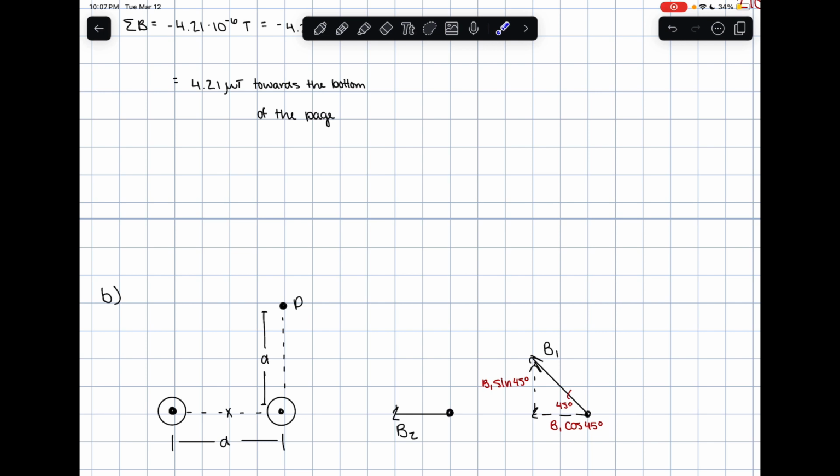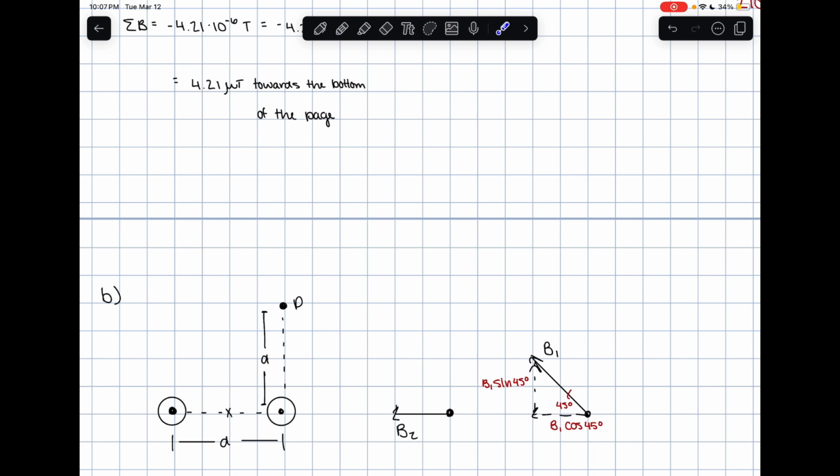Now this will be easiest if we start with B2, because using our right hand rule, we can find that B2 is just pointing directly to the left or on the negative x-axis. And B1 is a little more complicated because it's at an angle, so it's going to be shooting off. But through circles and radiuses we can draw, we'll find that this angle is 45 degrees, so I can save you a little trouble.